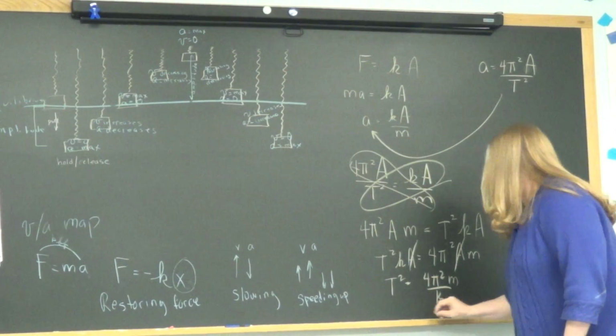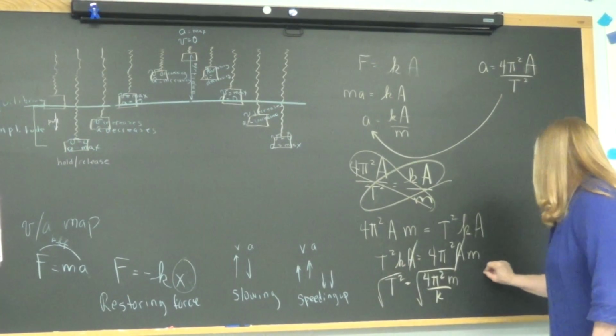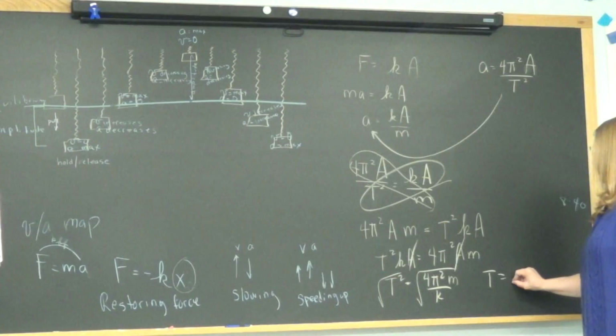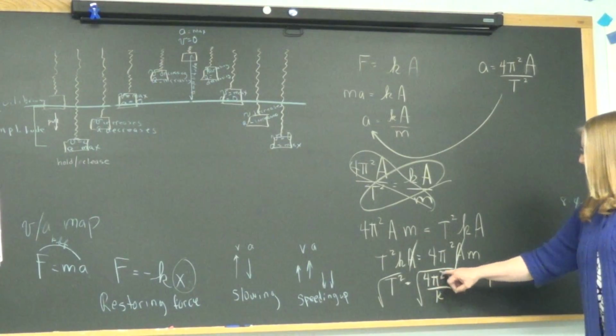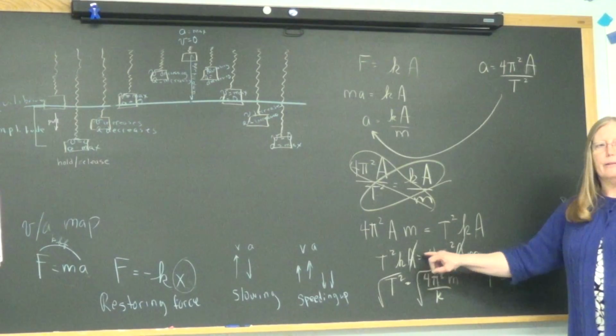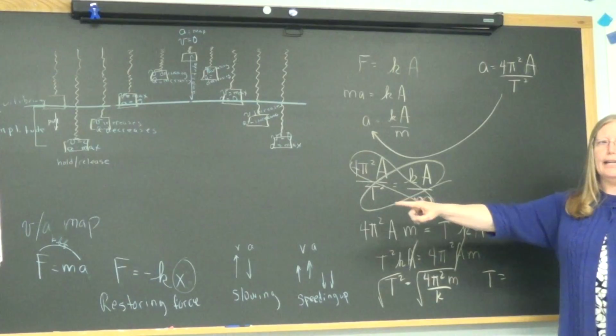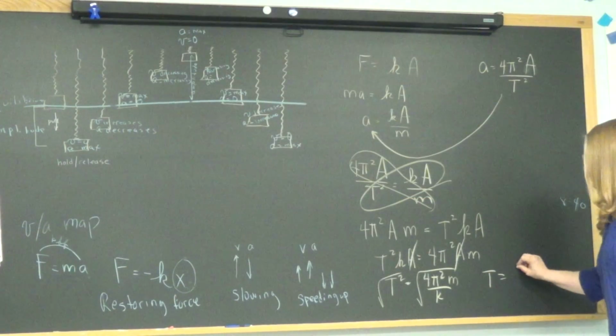Take the square root of both sides, and I get T by itself on the left equals the square root of 4 pi squared m over k, but I know the square root of this factor. 4 and pi squared are perfect squares, so they can exit the square root and become 2 pi.